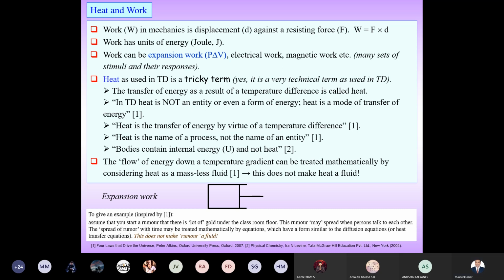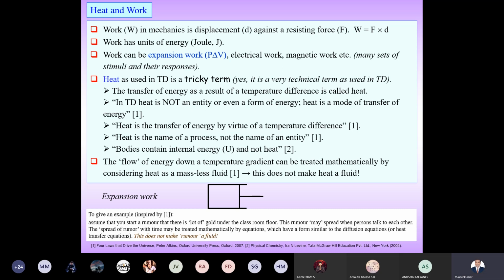So that can also be included in the expansion work. The expansion work can be calculated by P into del V, where del V is the change in volume at a given pressure. Here we are changing the volume but keeping the pressure constant. If we keep the pressure constant, there will be a heat transfer of energy. That is called expansion work. It is like work in general, but there is a heat transfer.